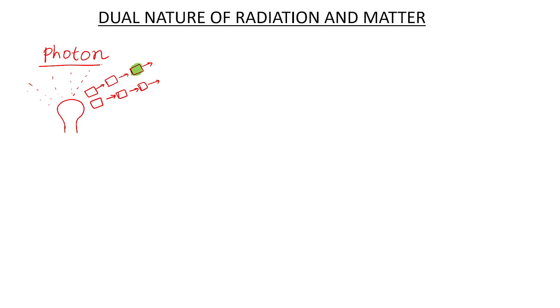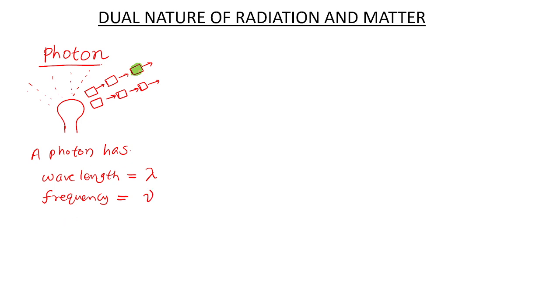So let us learn about some important parameters of a photon. One is wavelength, denoted by lambda. Frequency is denoted by mu.